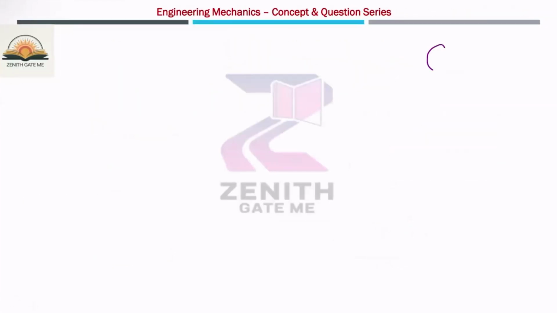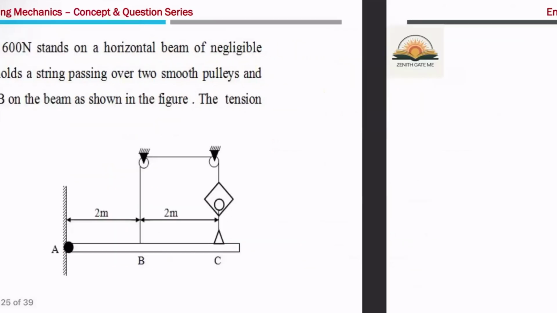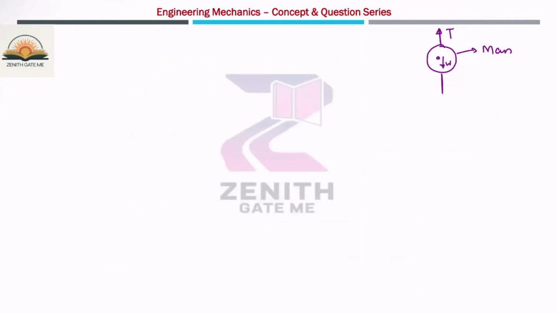So this is the man. Now I am denoting the weight which is acting downward, and there will be a tension force on the string. This man is making contact at point C, that means there will be one normal reaction here, which is nothing but N. Now consider the free body diagram of the man.